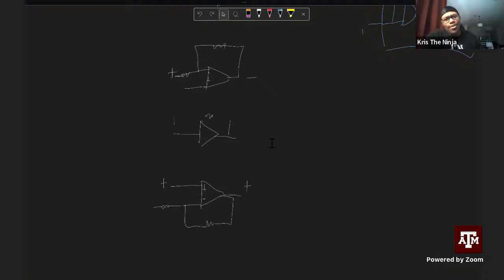Wow, who would have thought you can make a buffer out of an op amp. So essentially, analog logic is why digital logic works in digital realms.